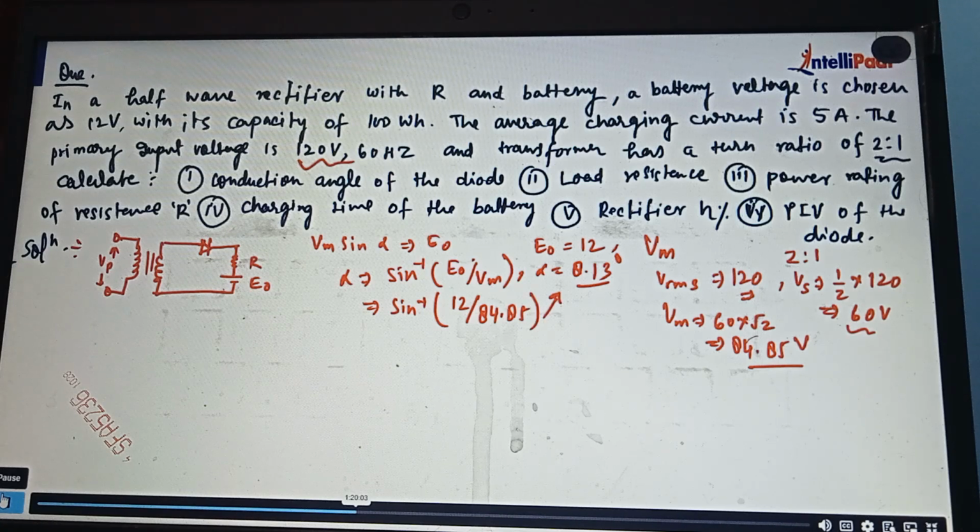Calculate. Are you able to get it? How do we calculate alpha now? Is it clear? Clear now? Okay.